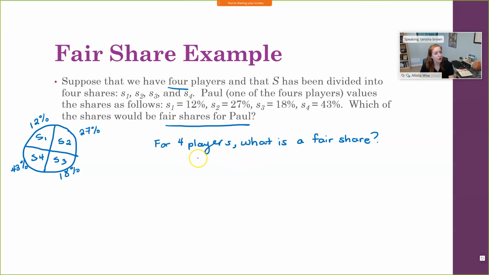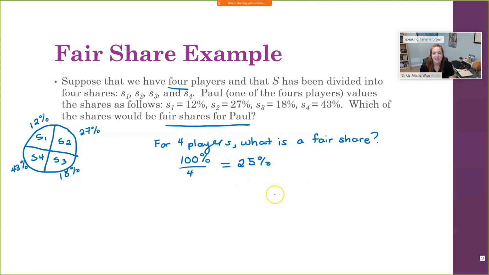So what do we do to figure out what is a fair share for 4 players? 100% divided by 4. Yep, that's going to get us 25%. Yes, and that makes sense.